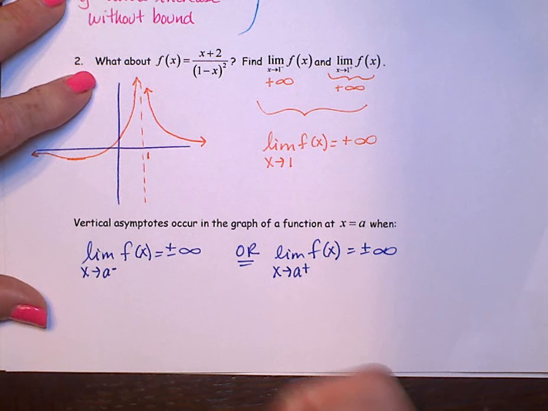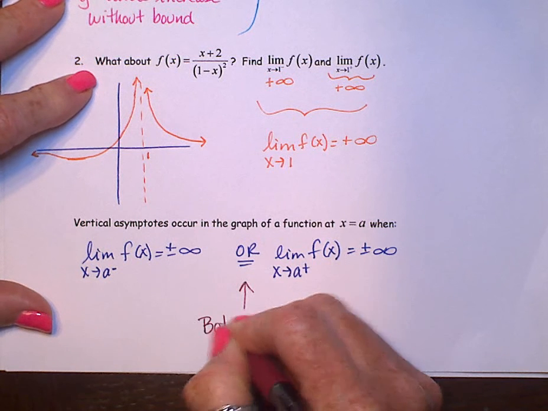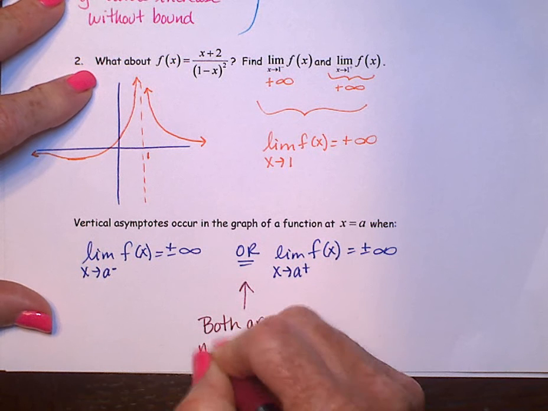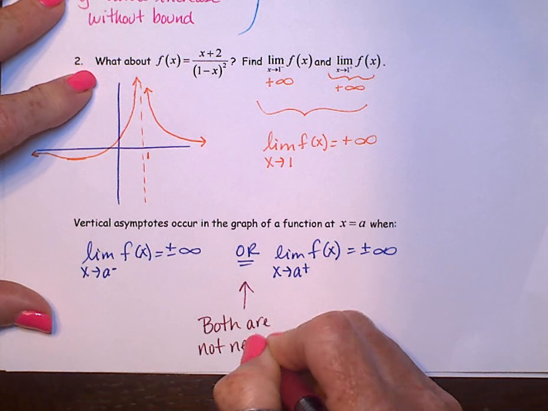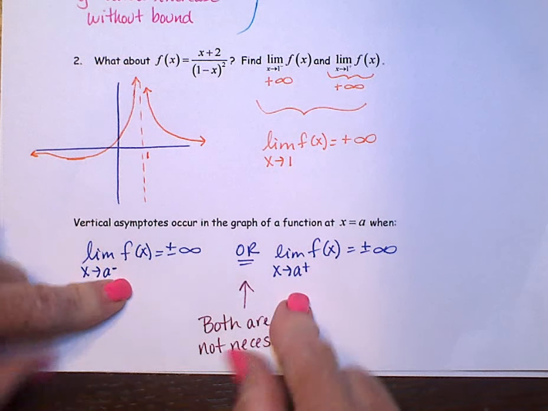And it's an or in here. Both are not necessary. We don't need from the left and from the right. We just need one of them.